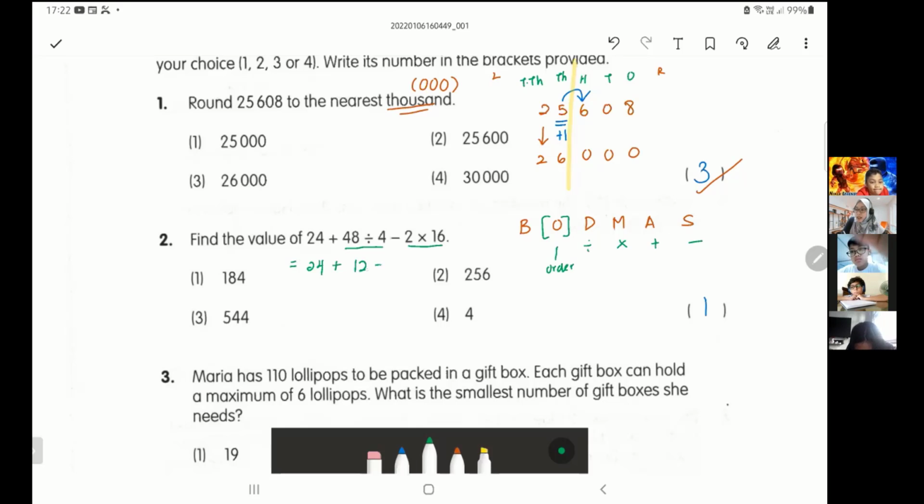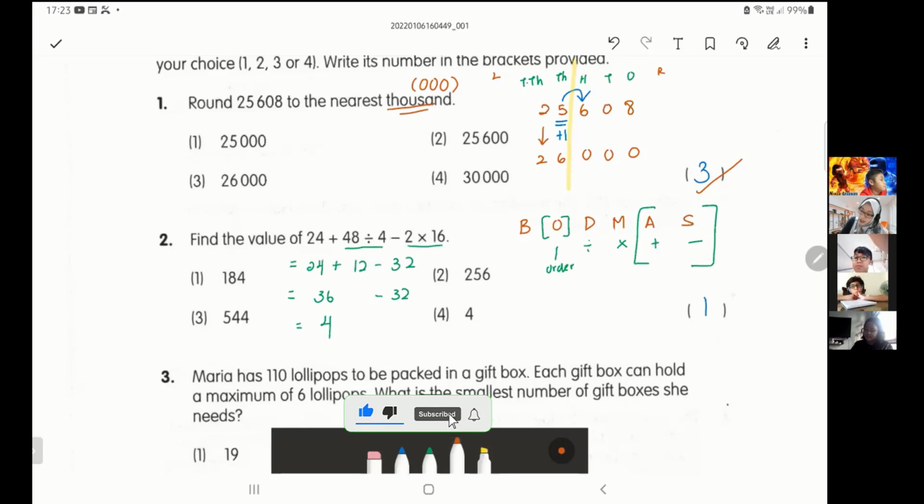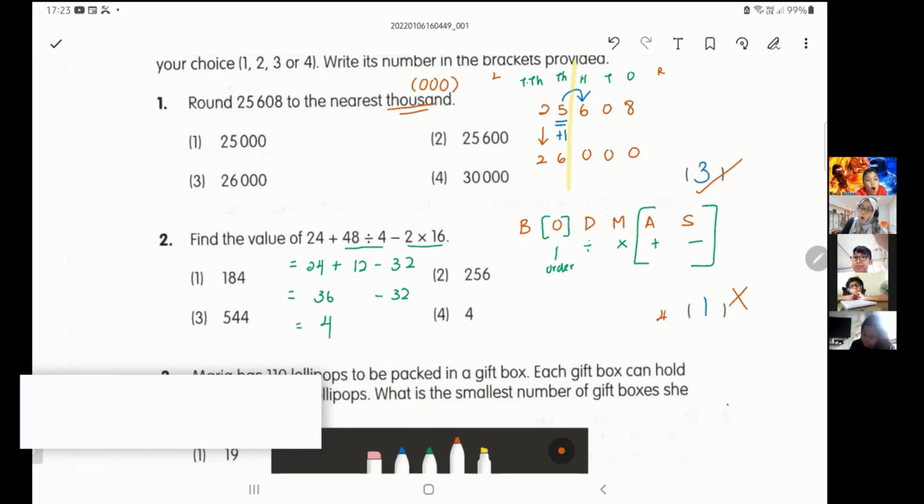Minus 2 times 16 is 32. Then 24 plus 12 gives you 36. Then minus 32 equals 4. So the correct answer is 4.